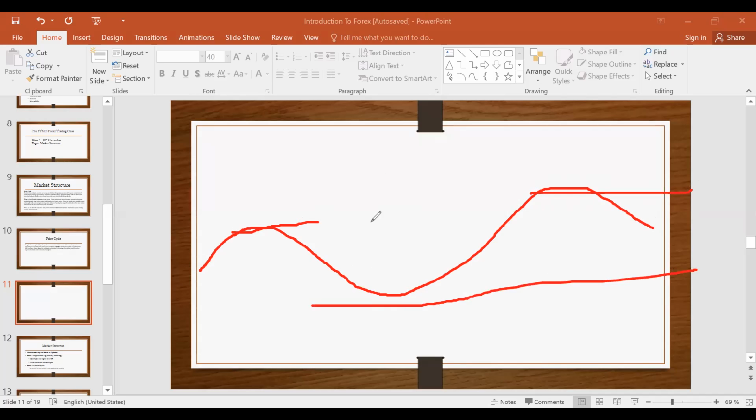And we said that the top is called resistance and the bottom is called support. So when the market moves from resistance to support and support to resistance, we call that the price cycle. It goes down and then up and then down and then up.